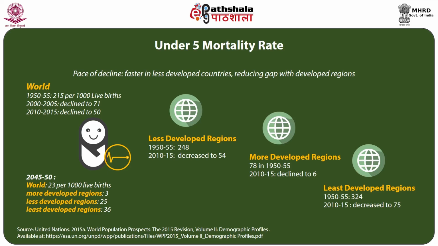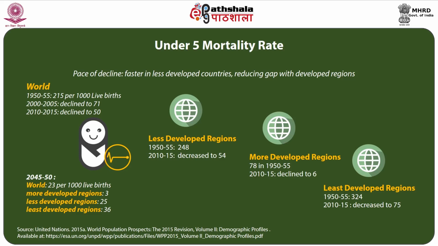Whereas in the case of less developed regions, the decline is much faster. It was 248 in 1950 to 55, came down to 54 in 2010 to 15, and projections indicate that it is going to decline further.